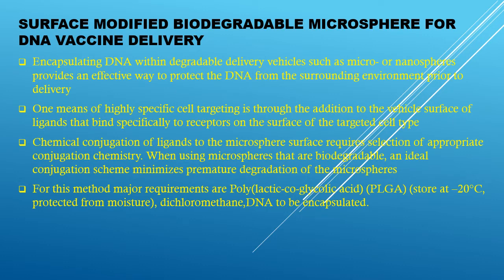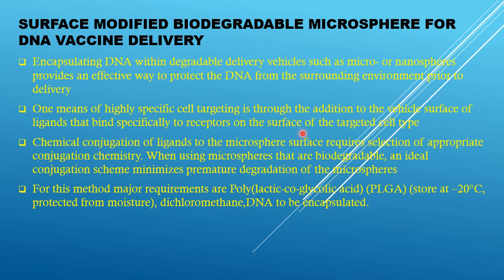Another method is surface modified biodegradable microspheres for DNA vaccine delivery. Encapsulating DNA within degradable delivery vehicles such as micro or nanospheres provides an effective way to protect the DNA from the surrounding environment prior to delivery. One means of highly specific cell targeting is through the addition of ligands to the vehicle surface that bind specifically to the receptors on the surface of target cell types.